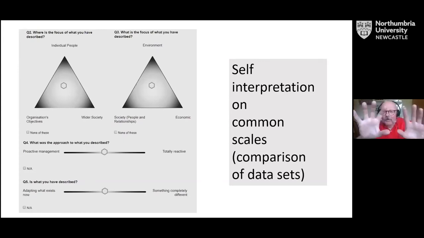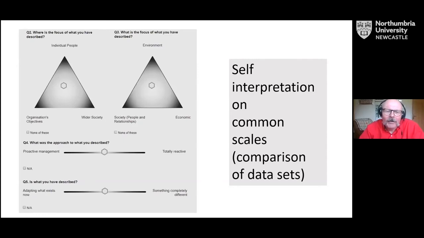So we want to see what kind of patterns come out there, and we'll use them to get underneath some of the data. Then two others are about how people responded. Were they doing it proactively, or was it totally reactive? There might be some things that have gone through those stages. Question five is around the scale of change.